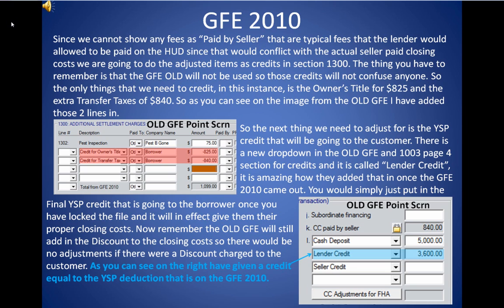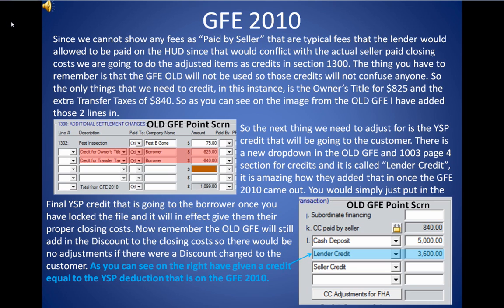Now the next thing you're going to have to do to make sure that the closing costs come out correctly is to put the discount that the borrower is getting for the yield spread premium. Where that would go on the old good faith is down on credits, where you would usually show your cash deposit or closing costs paid by the seller. In there was a new drop down. It says lender credit.